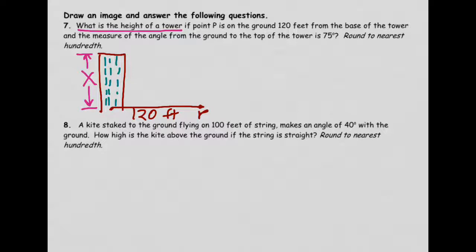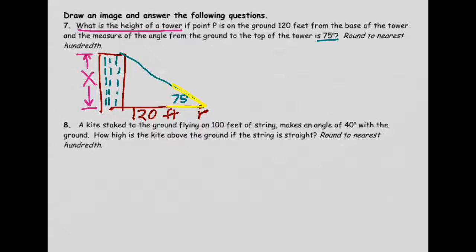And the measure of the angle from the ground to the top of the tower, now here's the ground, right? The ground to the top of the tower is 75 degrees. So this corner of my tower here, this corner of my triangle is 75 degrees, right?